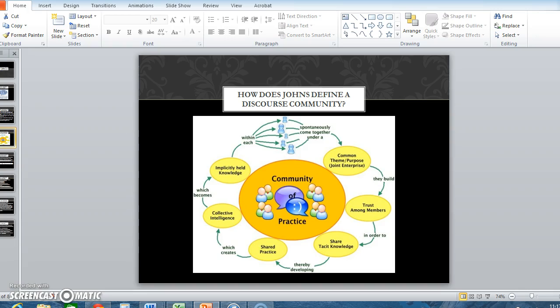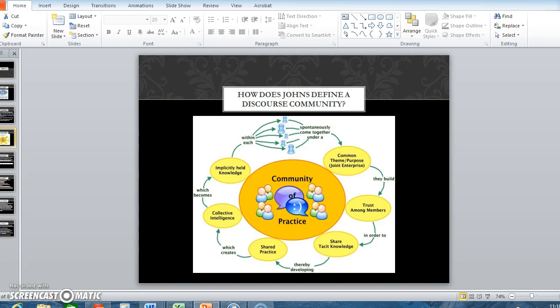And then the nurses, even though they may not have the same expertise as the doctors, can easily communicate with the doctors, the patients, the family members, and so forth, as are the doctors communicating with everybody else, the family members. And so for Johns, this would be considered a community of practice, where we have very different levels of discourse communities working together towards a common goal, which is to take care of the patient.